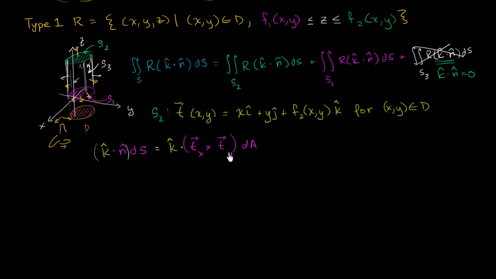Now let's think about what this is. It's important to realize we could calculate all of the components of this, but then we're just going to take the dot product of that with k. So we really care about the k component only, but I'll work it out.